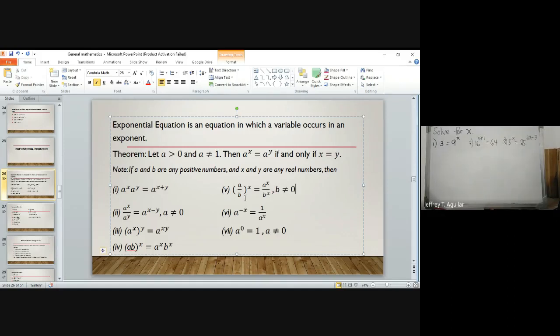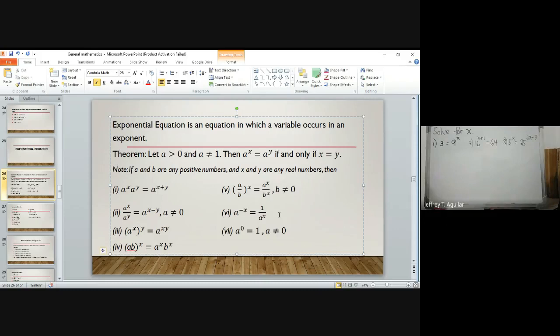Again, our b here should not be equal to 0 because it will make our exponential expression undefined. Aside from the fact that our base is actually focusing on counting numbers, or shall I say positive numbers greater than 0. Now at this point, we are distributing x to the exponent of a on the numerator part and exponent of b on the denominator part.